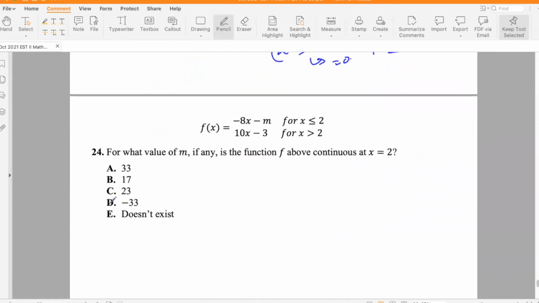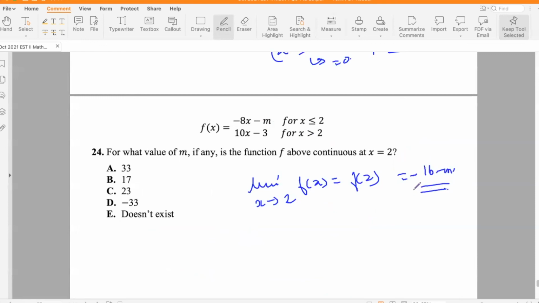For what value of m, if any, is the function f above continuous at x equal to 2? Okay, so for continuity, the limit as x tends to 2 of f(x) should be f(2), which is minus 16 minus m.